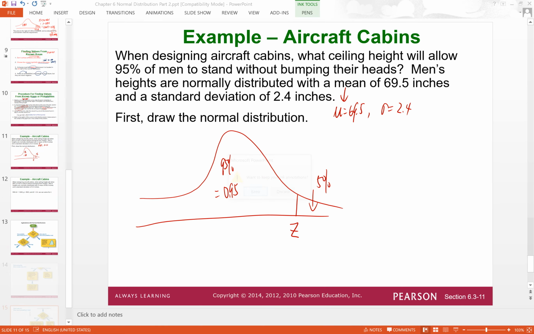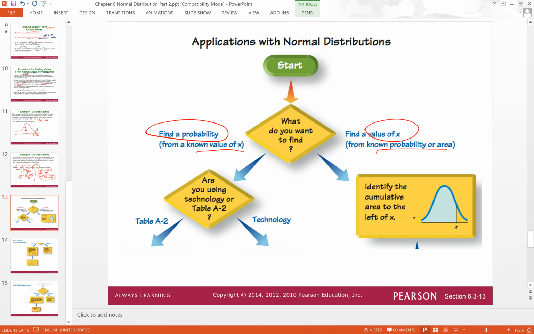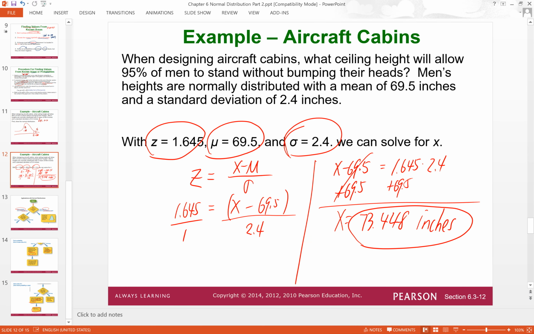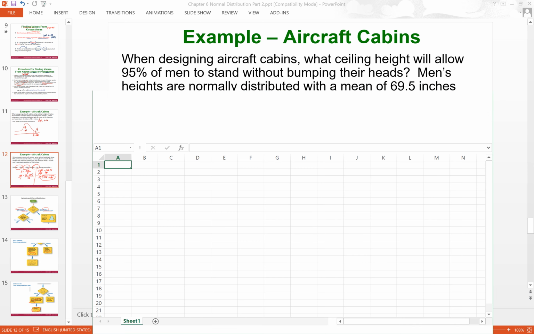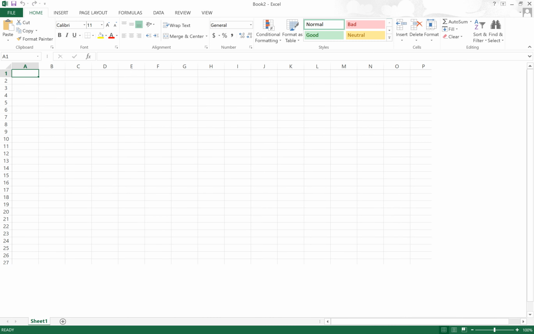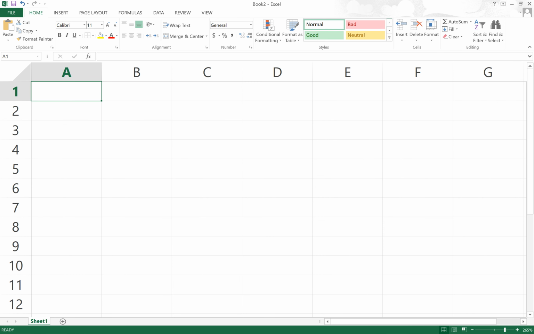Again, I'm going to show you how to find the height in Excel right here, given this information. Again, let me open Excel. So here we are given the z-score equal to 1.645.